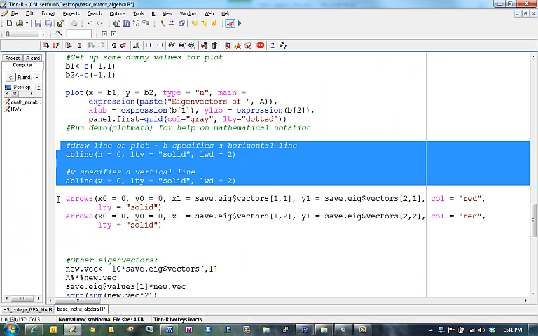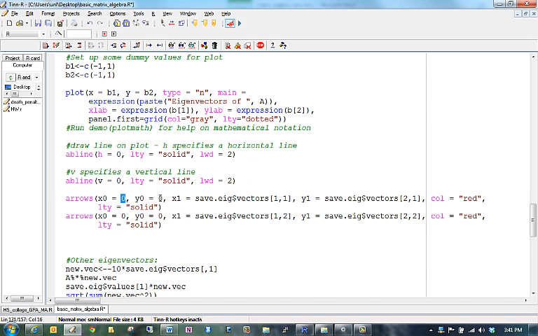And lastly, to actually plot the vectors themselves, I use the arrows function where I start from the origin. So it's like taking 2 points in space. Let's call the first one x0, y0, and the second one x1, y1. I'm going to draw from the origin out to the 2 parts of my eigenvector.